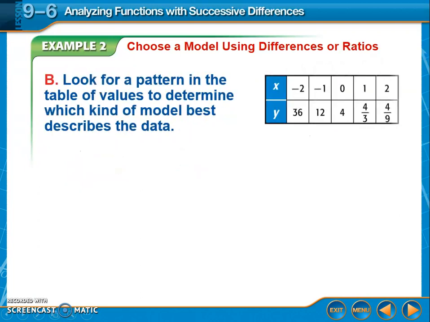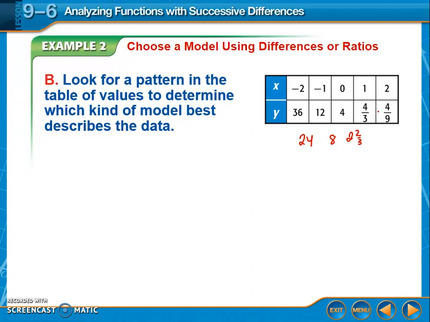Okay, I'm going to look at this one. And what am I doing each time? I'm going to look at my differences. So 36 minus 12 is 24. 12 minus 4 is 8. 4 minus 1.3333 is 2.2 2/3.